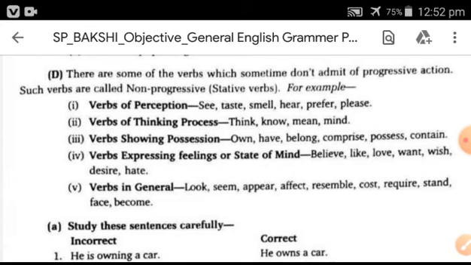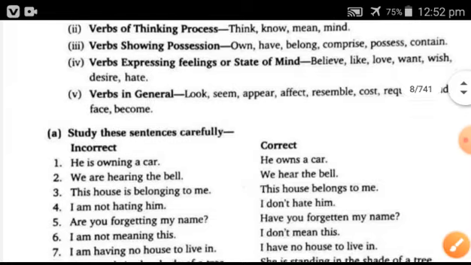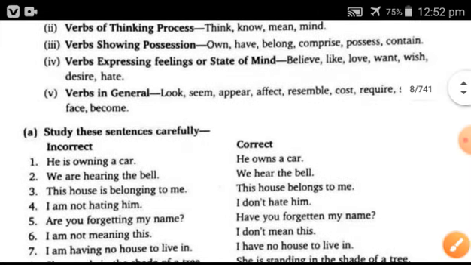These are the words which cannot be used in continuous tense. This is the point I am trying to teach you. And let us check it out with some examples regarding the previous slide.